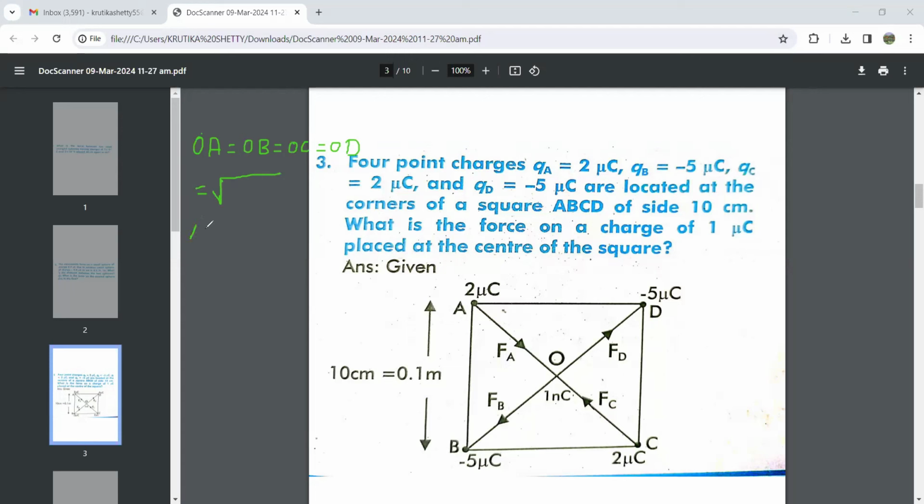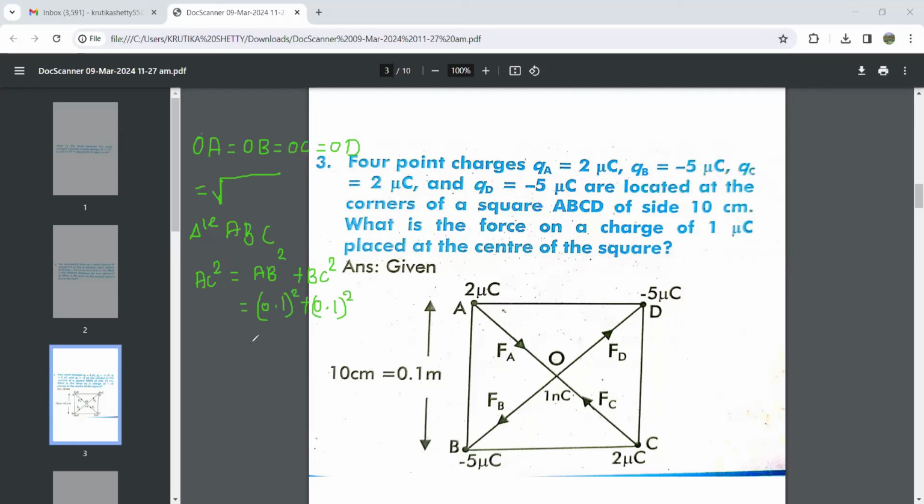From the triangle ABC, AC square is equal to AB square plus BC square. So AB value is 0.1 square plus BC value is also 0.1 square.